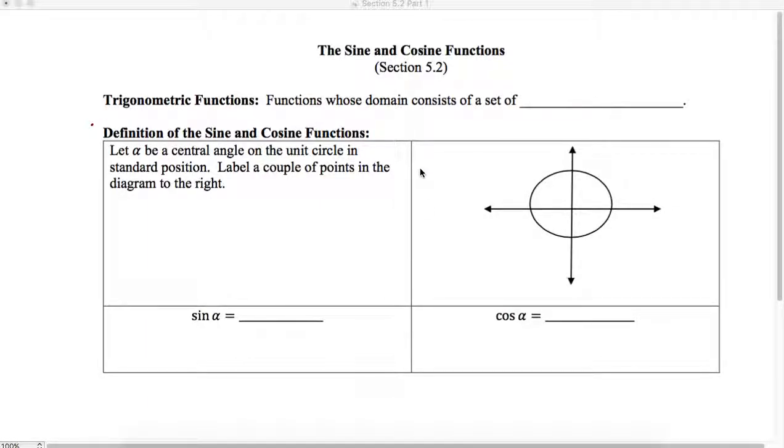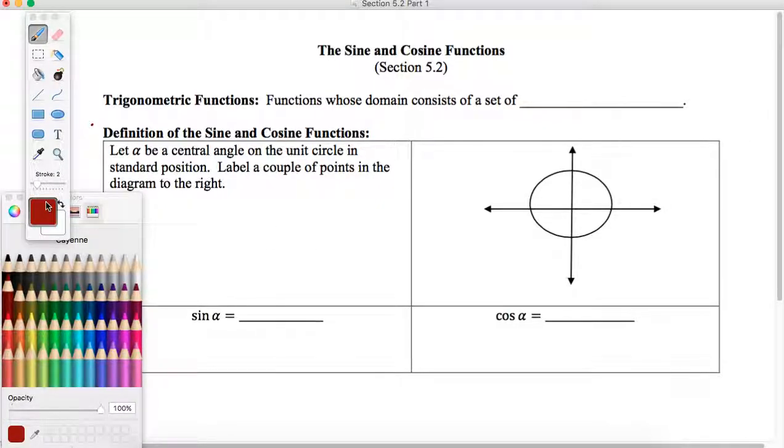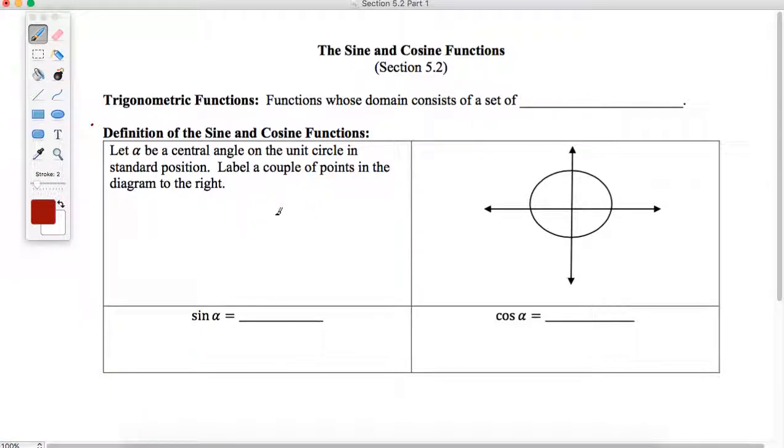In this section, we're going to talk about what we call the sine and the cosine functions. Basically, the sine and the cosine functions are two types of trigonometric functions that we're going to talk about in this chapter. But just to start off, trigonometric functions are basically functions whose domain consists of a set of angles.